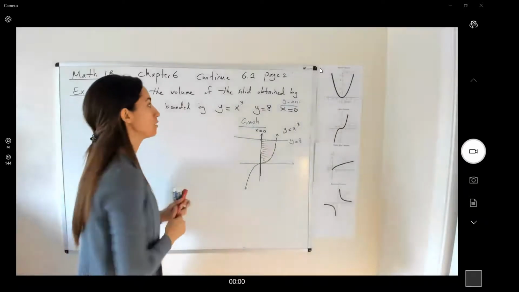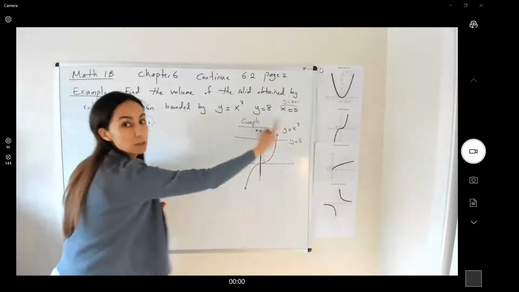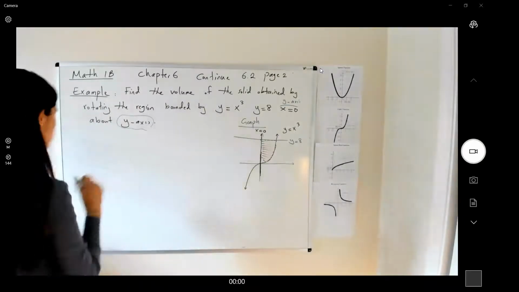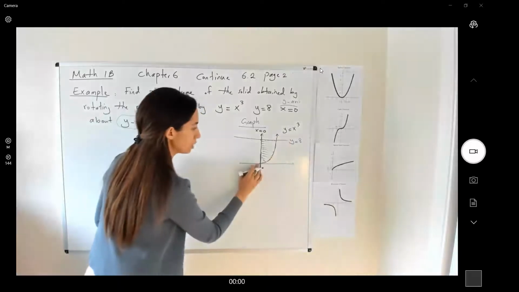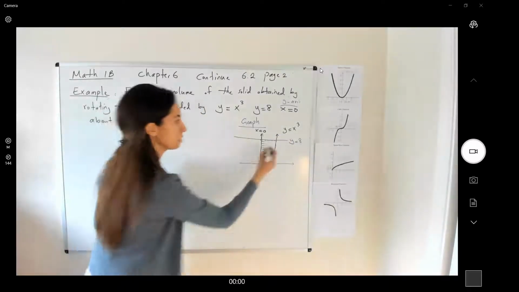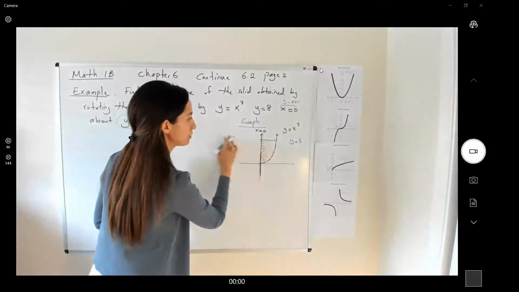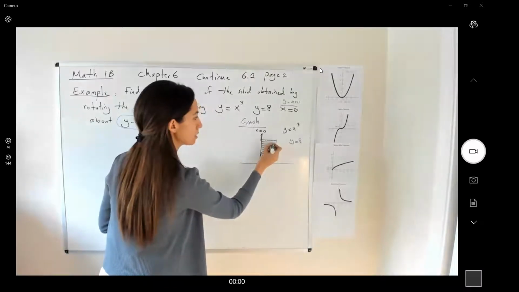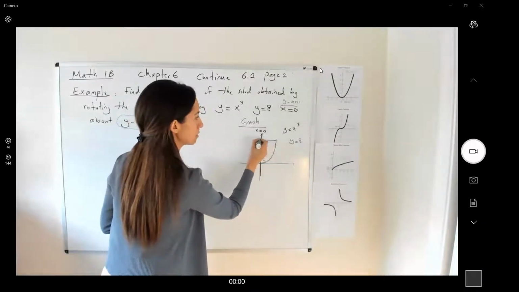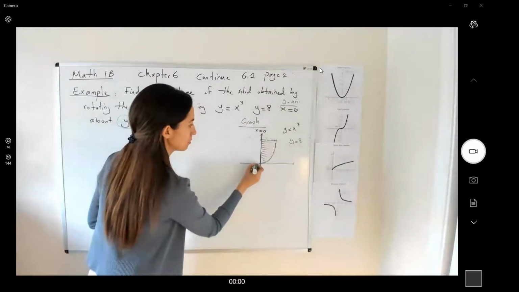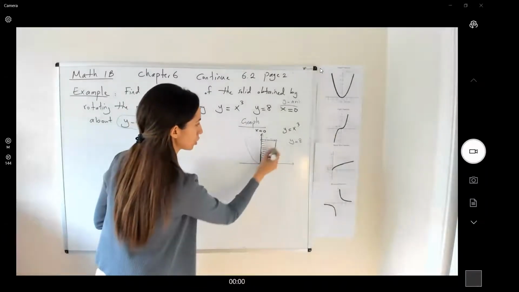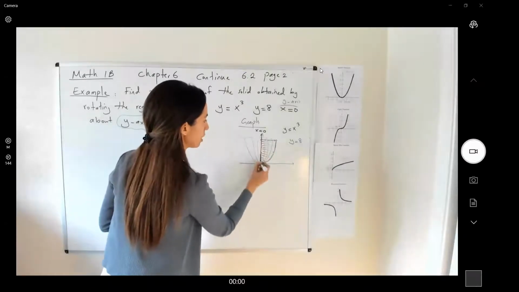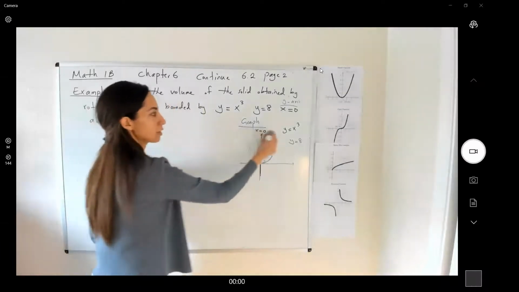What are we going to do? We're going to rotate this region about the y-axis. So we don't need this part, we can erase it. You take this region and start rotating it around the y-axis, and continue the rotation.